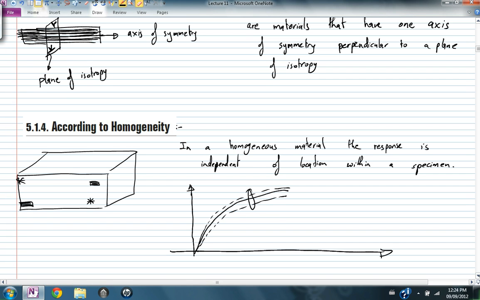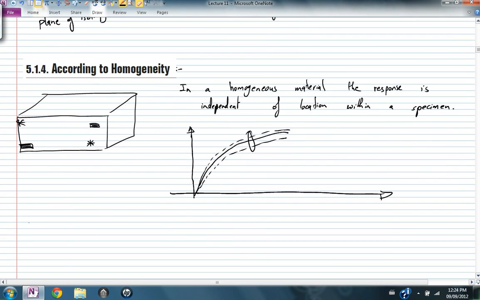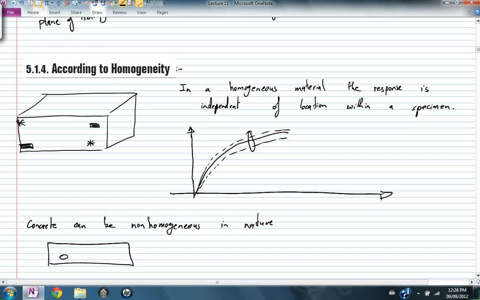For example, concrete. Concrete can be non-homogeneous in nature because a concrete specimen might have different types of aggregate, different types of material, different types of cement.